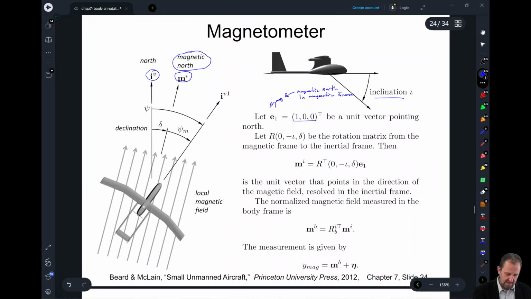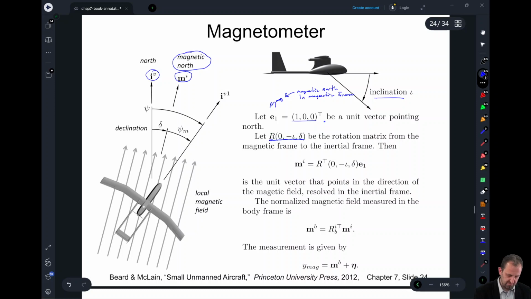So if we allow this rotation matrix to be the rotation matrix from the magnetic frame to the inertial frame, our transpose would go from the inertial to the magnetic, but we've not written it like that. So the way this is written is not correct.